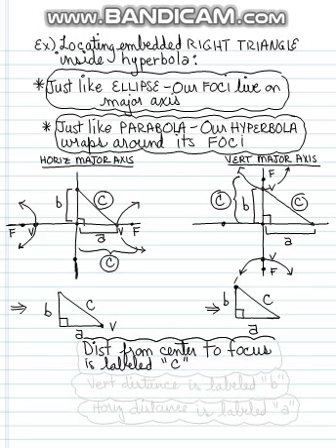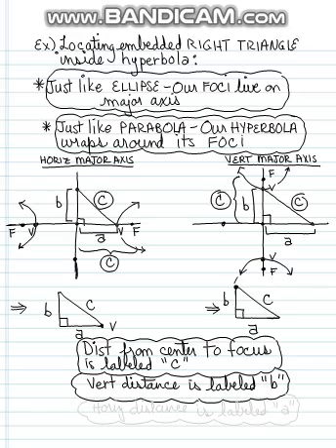The distance from the center to the focus is what we call C. The vertical distance is labeled B. Just look at the sketch. When we talk about the vertical distance, we're always talking about the distance B. And the horizontal distance is going to be labeled A. Just look at the picture. Left and right from the center, it's labeled A.